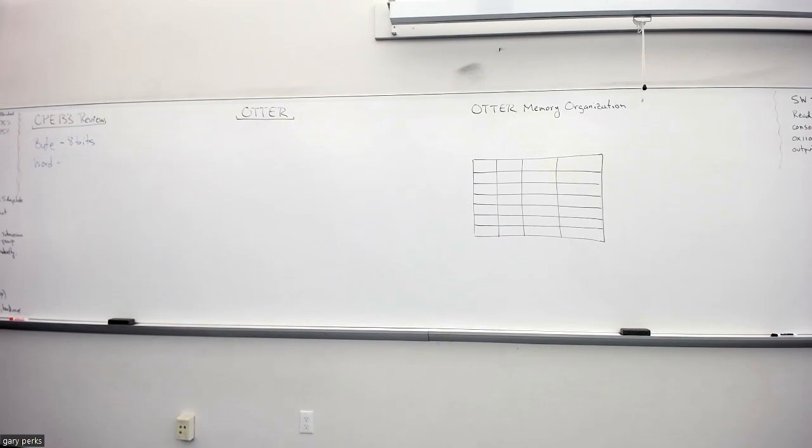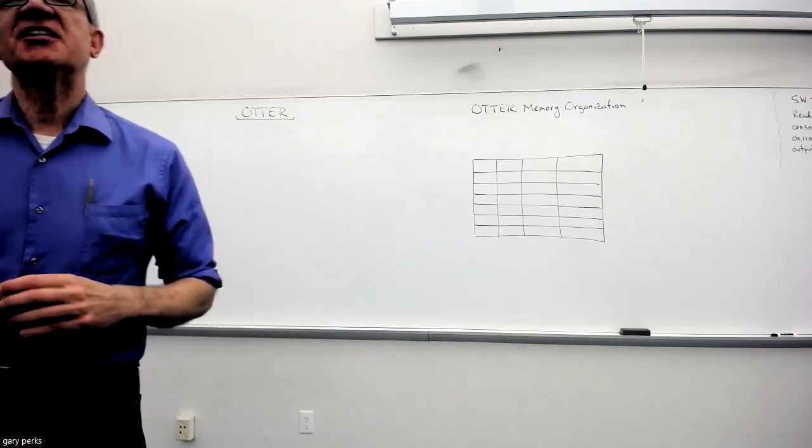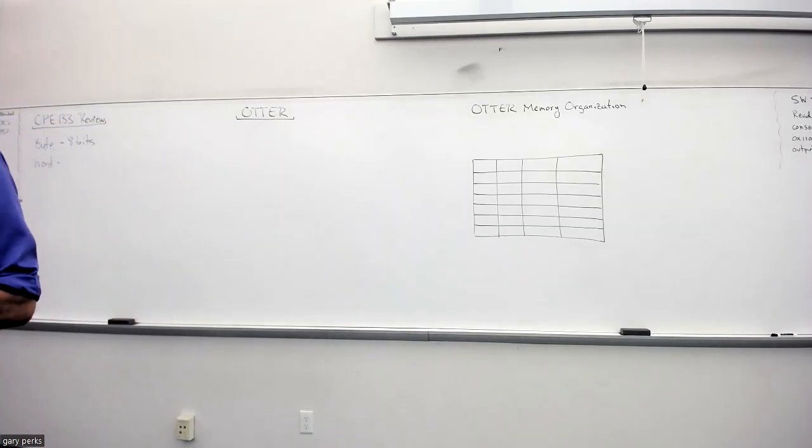Well, you can have a word that represents a character. But in the general sense, in the logic world, what's a word? Is there a specific number of bits for a word, like a byte is always 8 bits? Is a word always a certain number of bits?